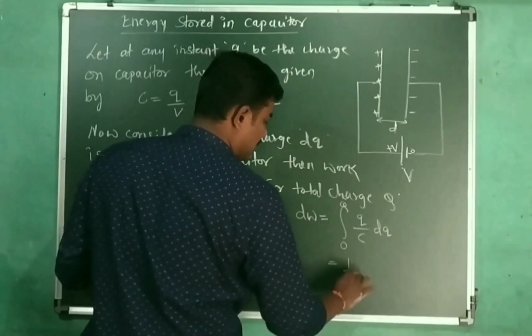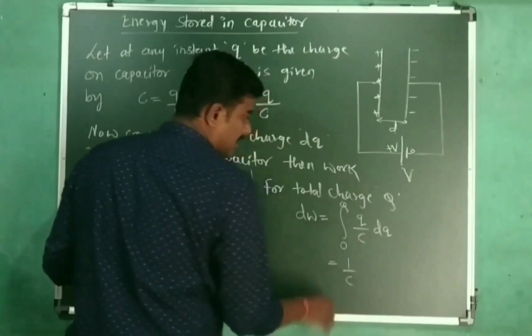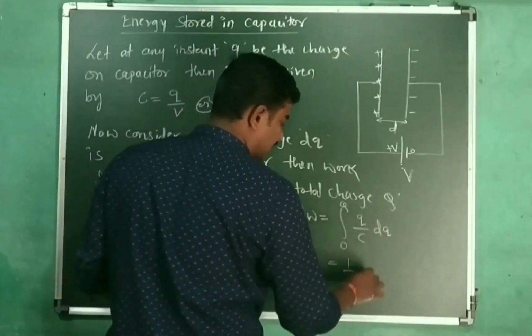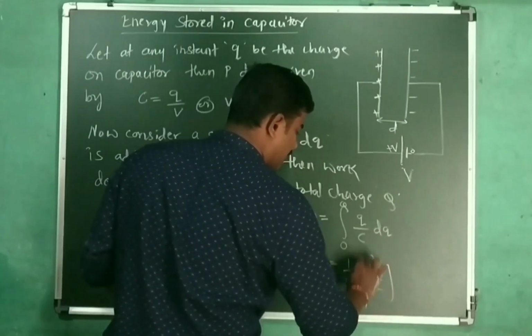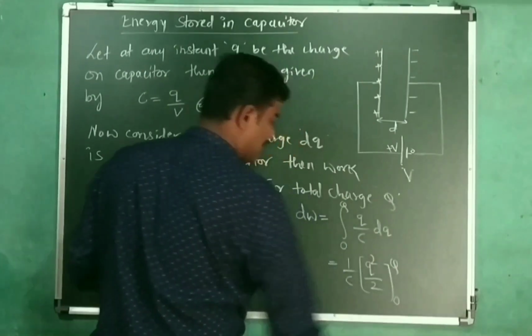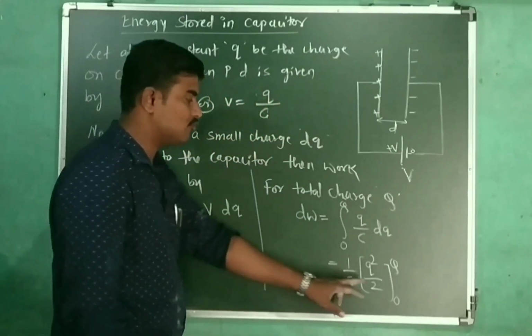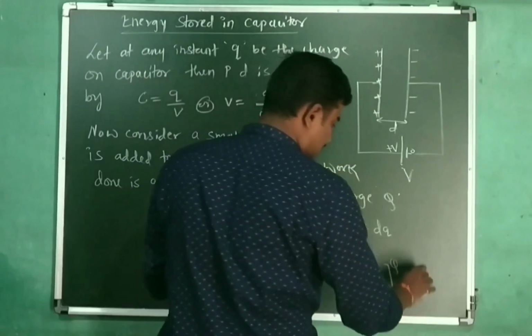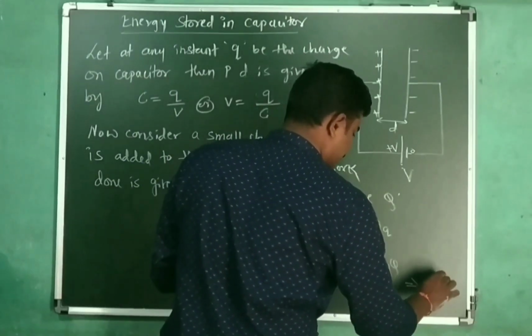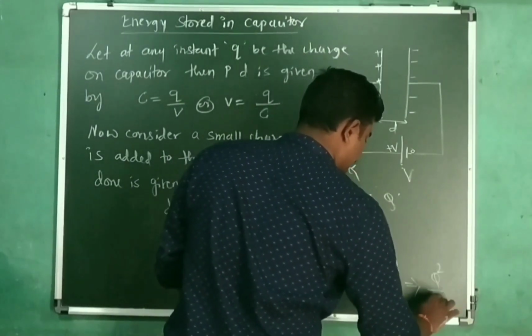So C is a constant, it is taken outside, and Q dq is there. Integration of Q is Q square divided by 2, and limits are from 0 to Q. First we are supposed to put upper limit Q, therefore it is Q square by 2C.